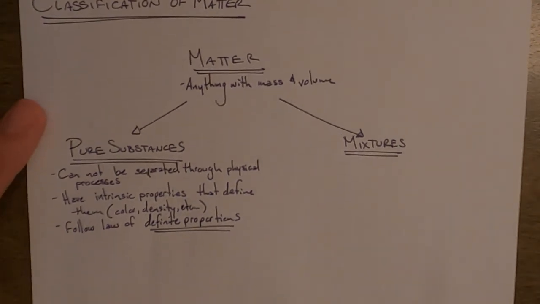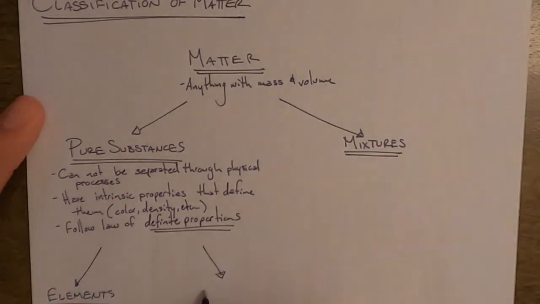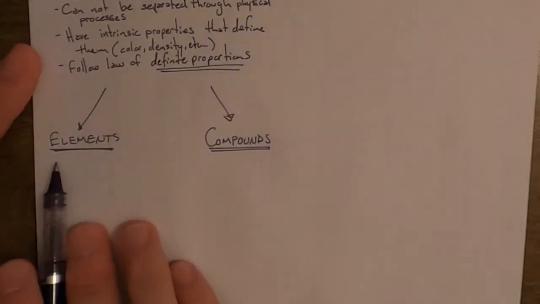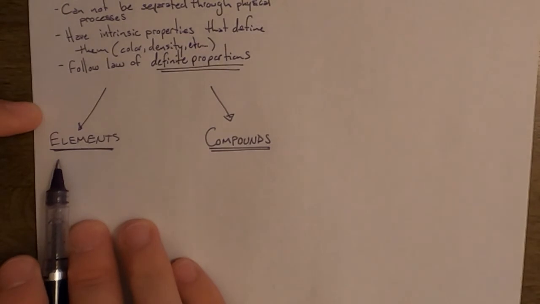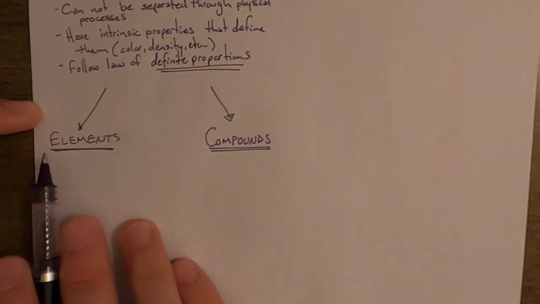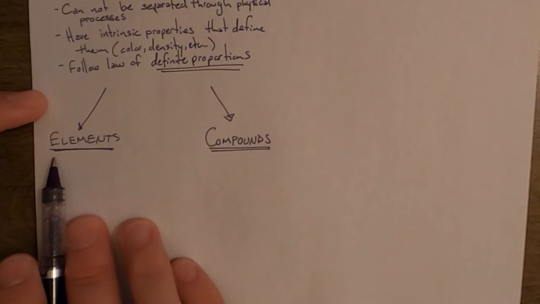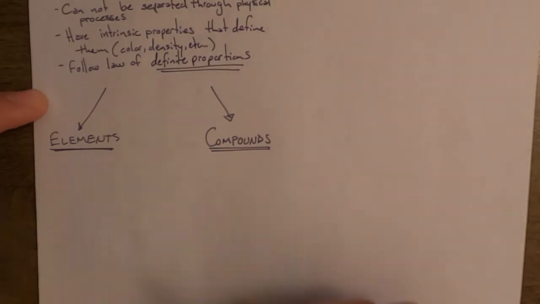Pure substances, like I said, can be split into 2 categories, and those would be compounds and elements. An element is the smallest unit of matter. Elements are made of atoms that all have the same number of protons in them.